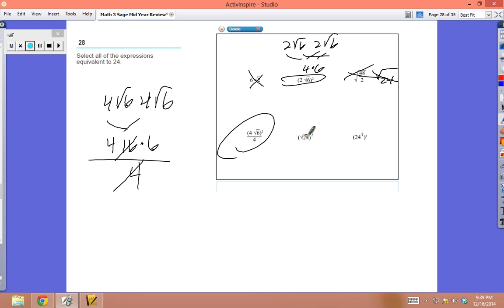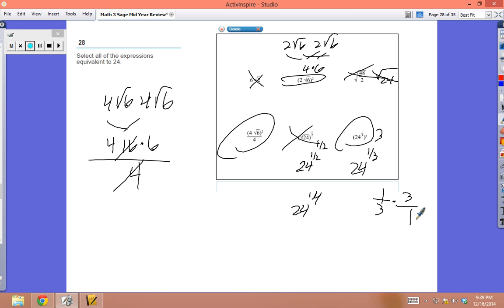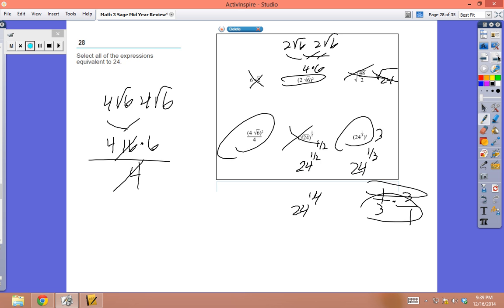The square root of 24, that is like 24 to the 1/2 raised to the 1/2. So times your exponents, so that's 24 to the 1/4. That's not 24. And this is 24 to the 1/3 cubed. That will be, because 1/3 times 3 is just 1. So 3 out of the 6 will give you 24.